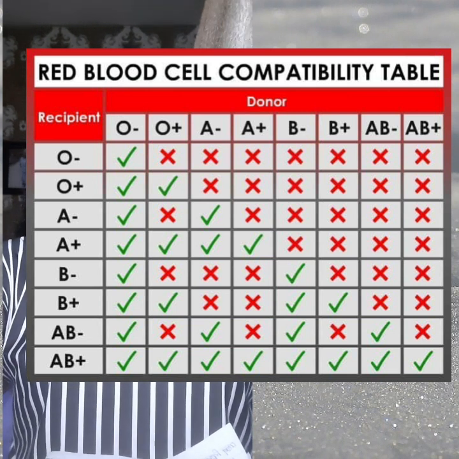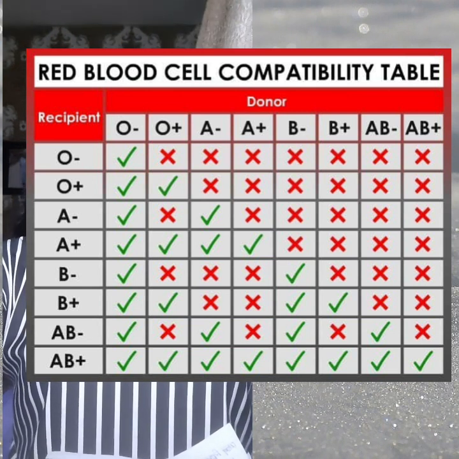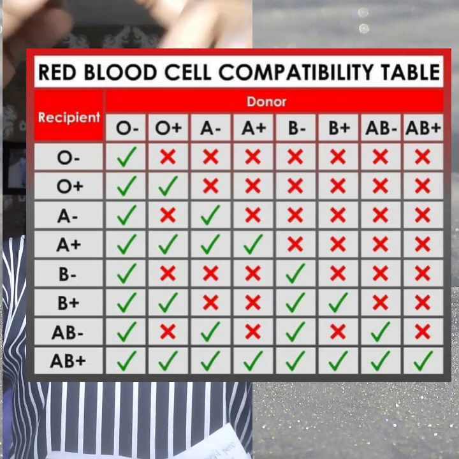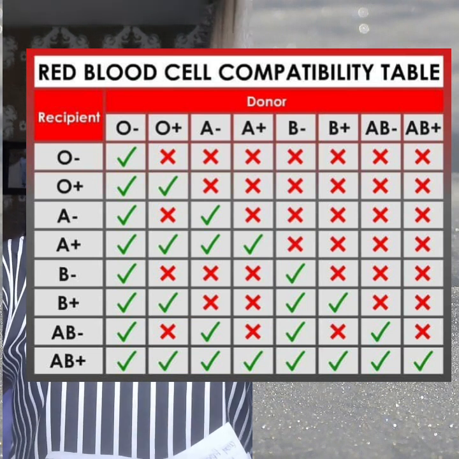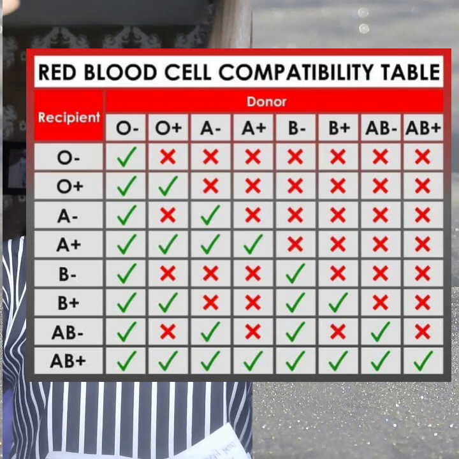They can receive from both A positive and A negative, O positive and O negative. But if a patient has A negative, they can only receive from negative blood, which can either be A negative or O negative.